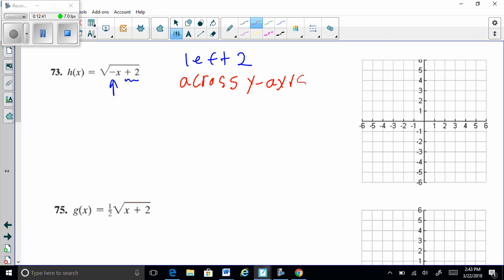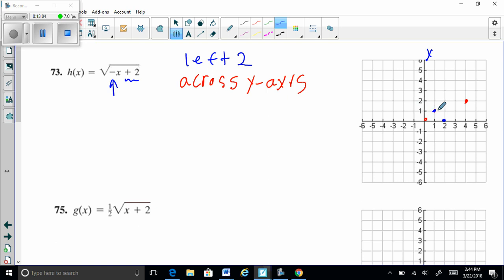y-axis this time. All right, so once again, you want to start with those 3 standard points right here, and then just follow this. So left 2, and then this time I'm actually going across the y-axis, so I flip over to here. Now this is kind of interesting right here because you go left 2, and then you actually flip right back to where you started.